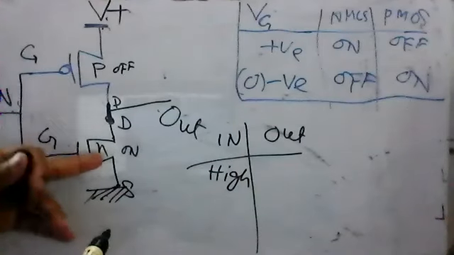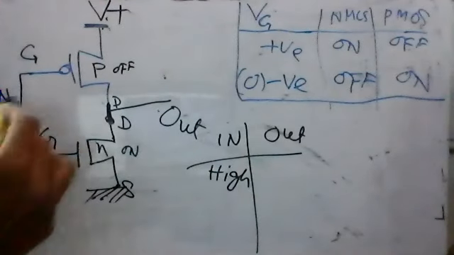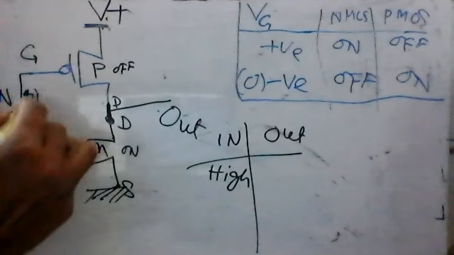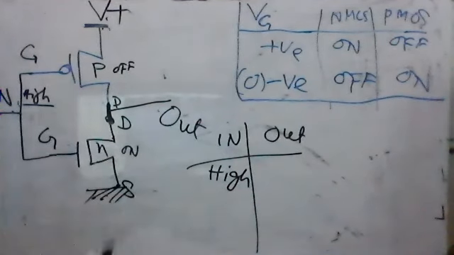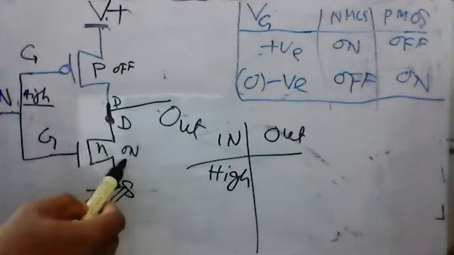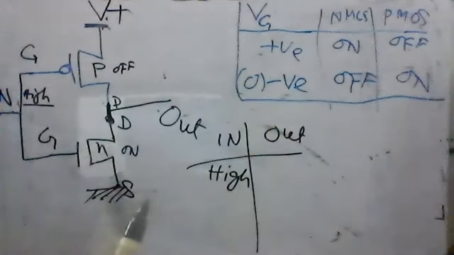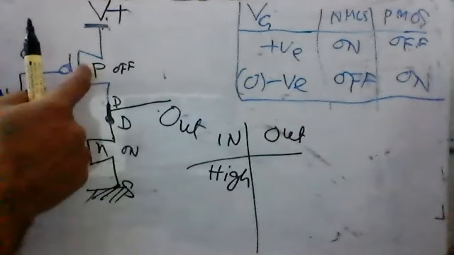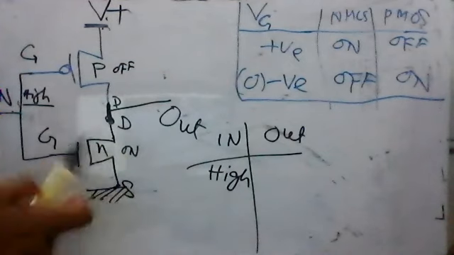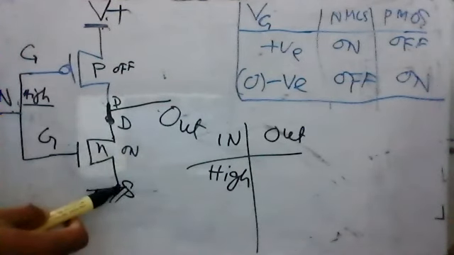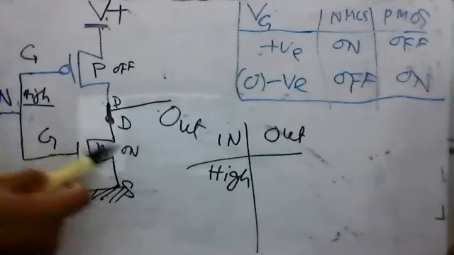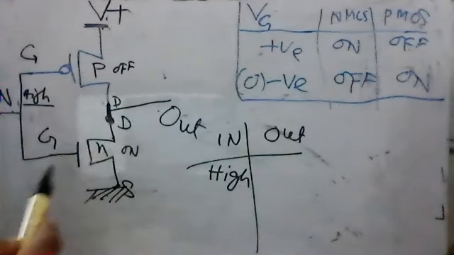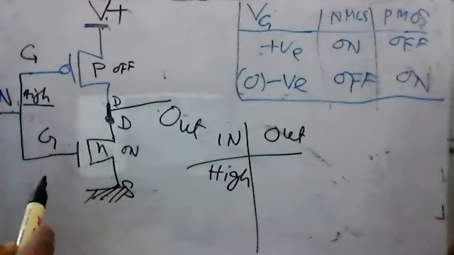PMOS is off, NMOS is on, and input is high. Then what happens to the output? If this one is off and this one is on, the ground will be connected from here to the output. The output will be connected to the ground.